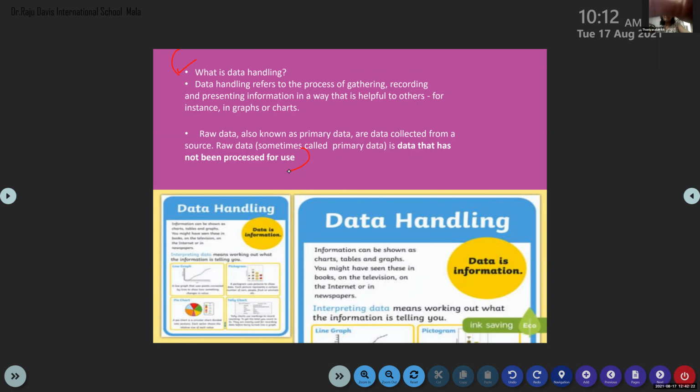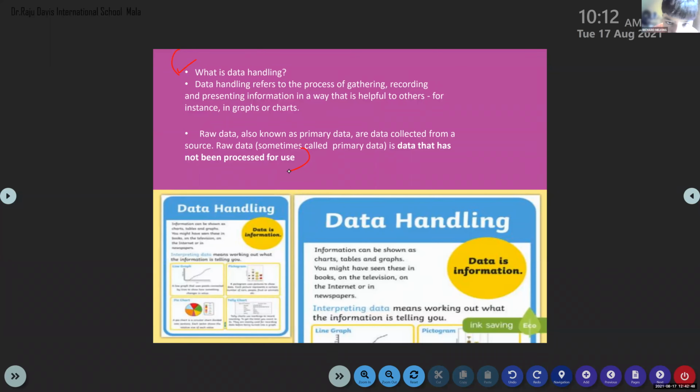Present, ma'am. Manu. Present, ma'am. Vinayak. He was present in the first class. Vishnu. Present, ma'am. Vaigiri. Present, ma'am.